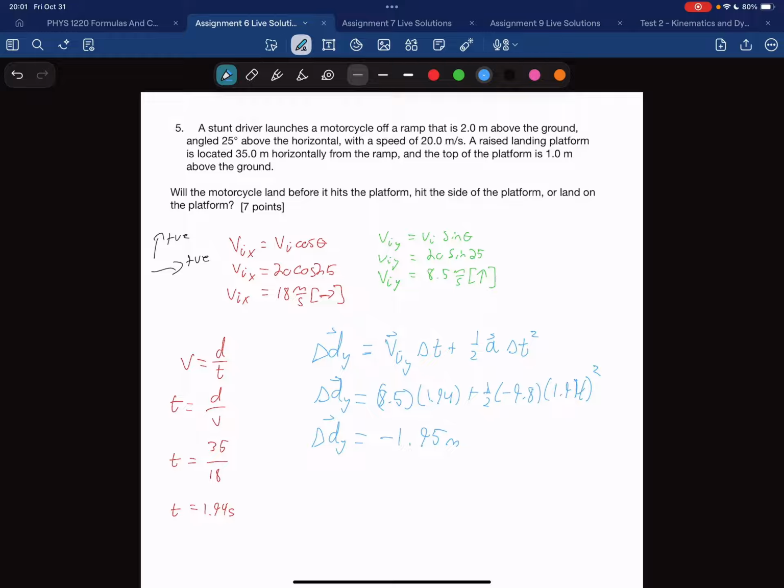However, there's one thing we have not considered. This motorcycle launches off a ramp that is 2 meters tall above the ground. So we're not starting at a height of 0 meters. That's what we've assumed so far. So we actually need to add 2 meters for the height of the launch ramp.